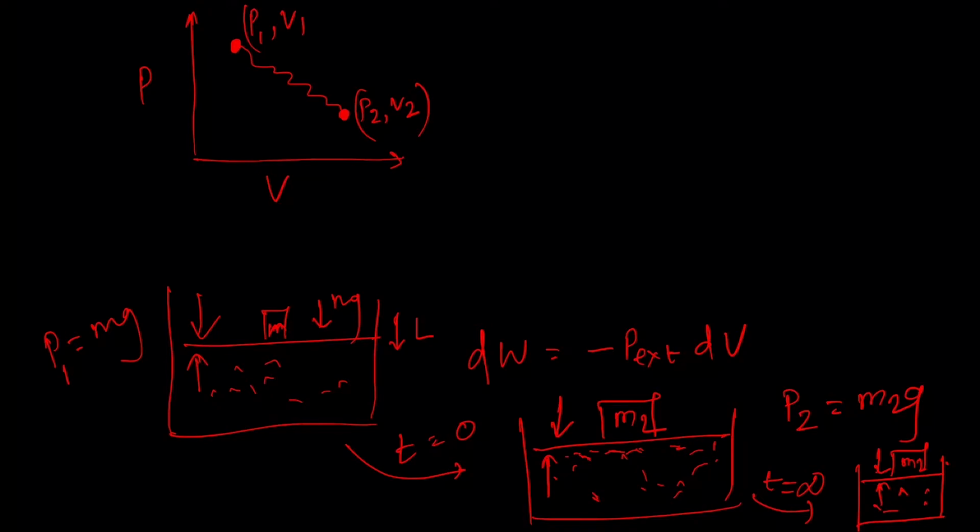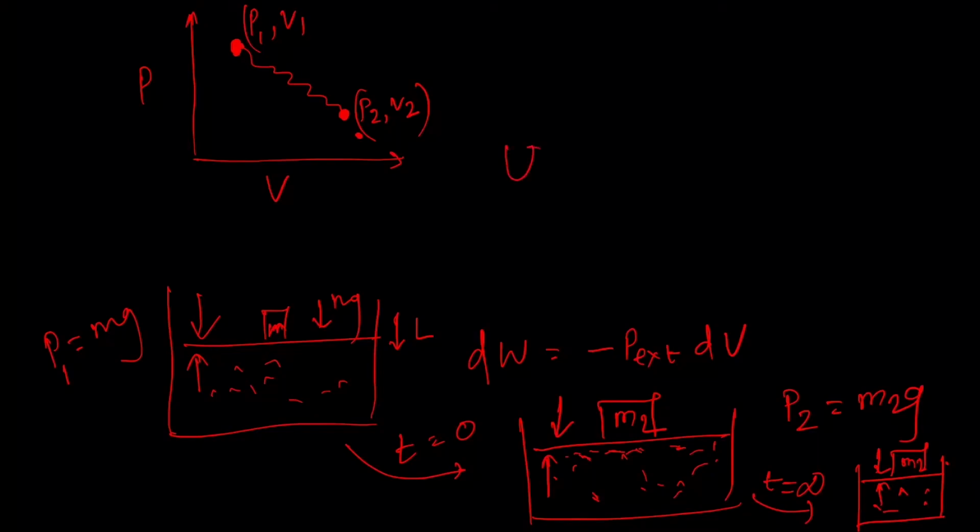It may take 10 seconds or a million years. Ultimately, what we see is one equilibrium point to the next equilibrium point. That is why we do not know what is in between, but given the information of P1 V1 and P2 V2, we can calculate certain properties.